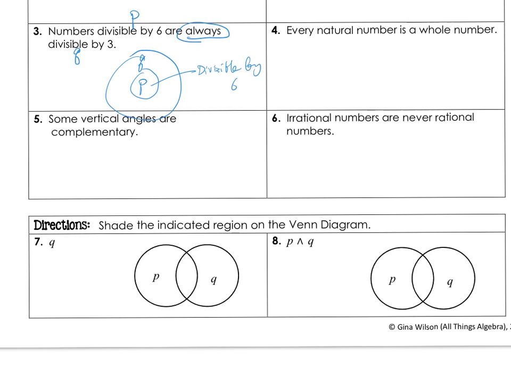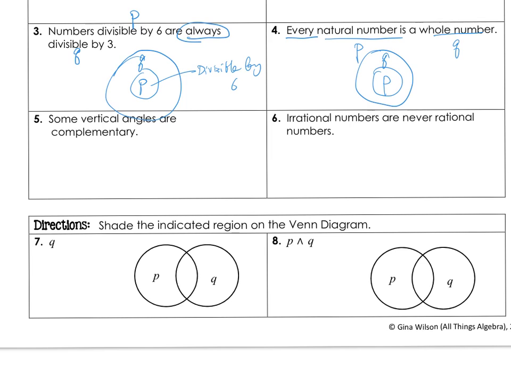And Q is divisible by 3. Number 4, every natural number is a whole number. So we call natural numbers P, and whole numbers Q. So we can simply say P is here and Q is here, right? Because the whole numbers are 0 and all the natural numbers.